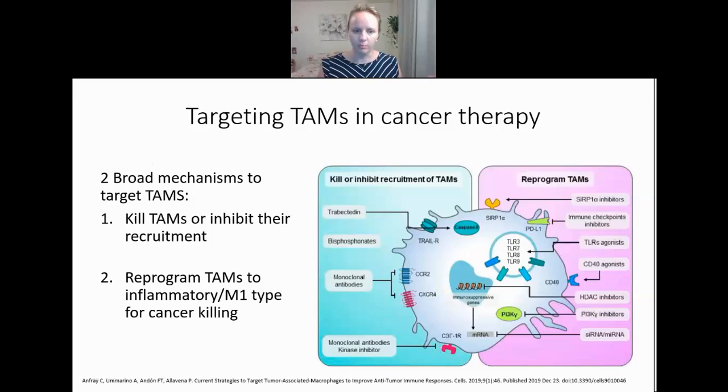The second broad aim is to reprogram them, turn off M2 and switch them to M1 to try and promote cancer killing. This image that I took from a paper describes that nicely in a summary. There are strategies to do so, but you'll see it's not quite that easy.